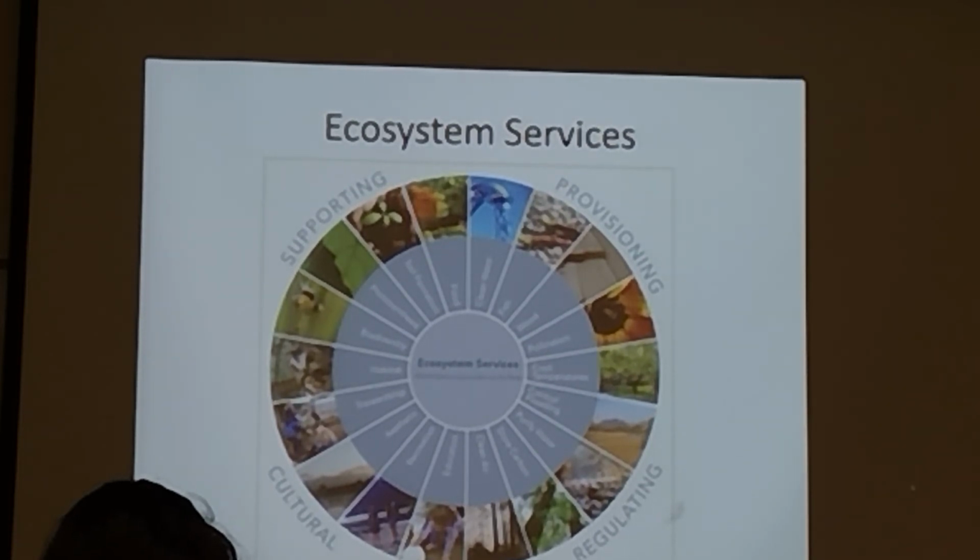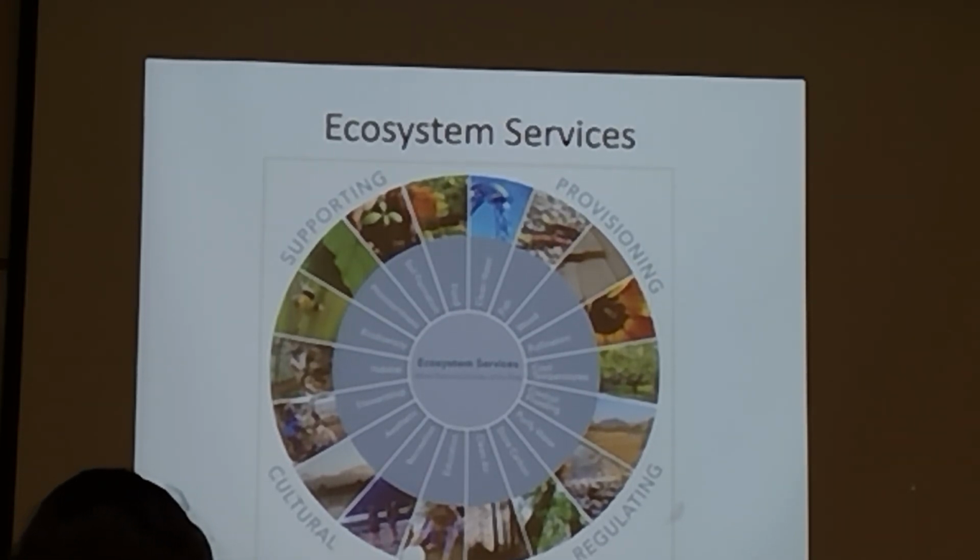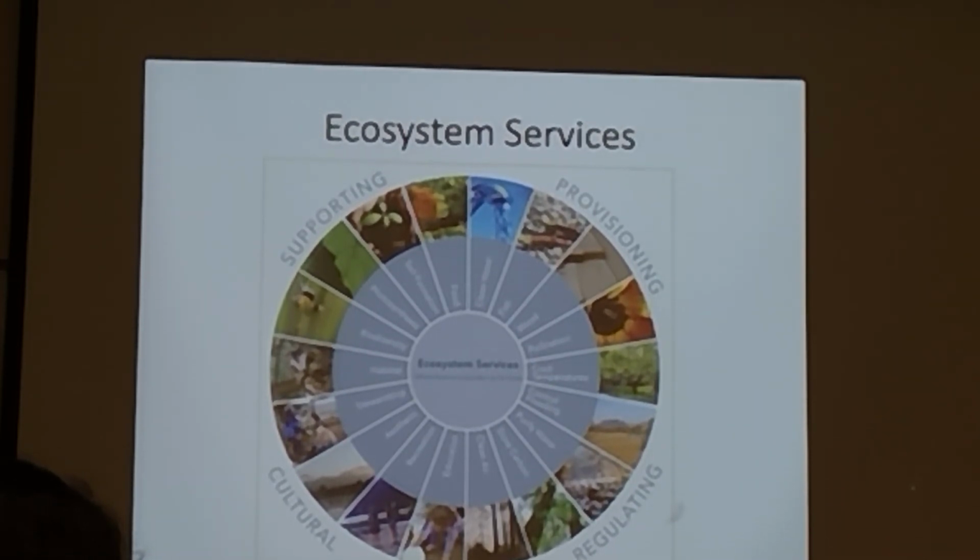The idea is that these ecosystems are also working for us to provide these benefits. So ecosystem services is a way of trying to capture the economic value of the world as a whole and represent that in terms of these supporting, provisioning, regulating, and cultural benefits.